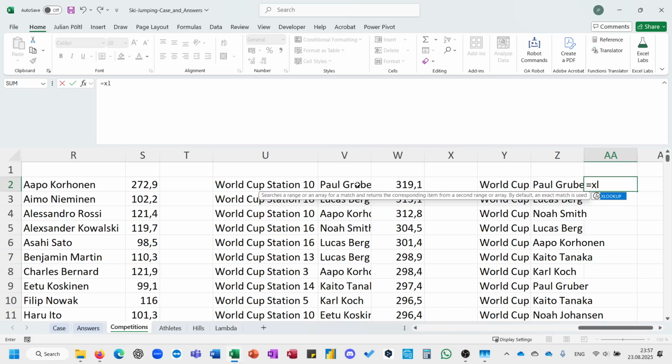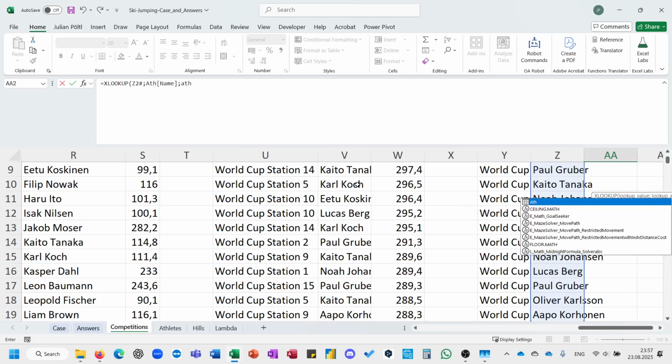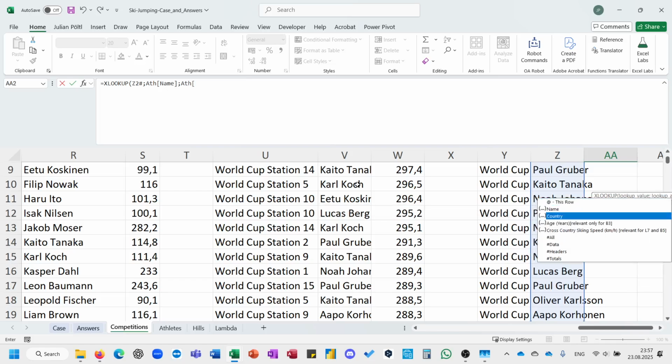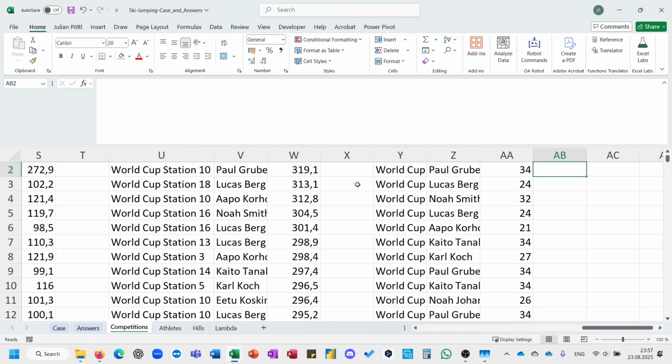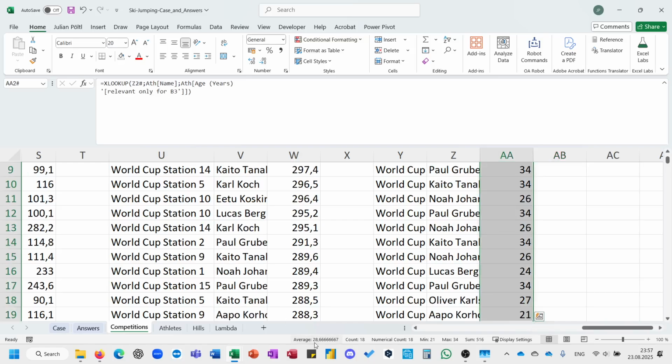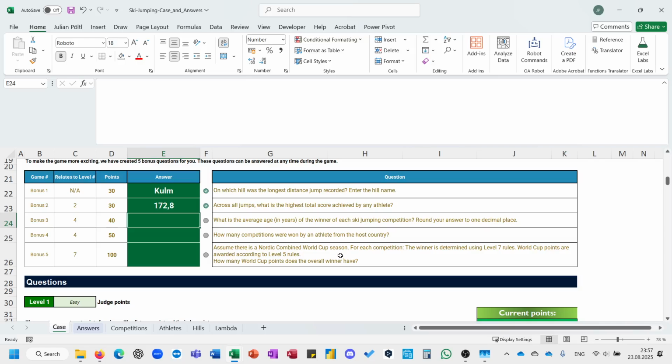And then based on the name, this in ATH name returning ATH age. And the average is 28.666. It's asked for rounded to one decimal place, so 28.7.